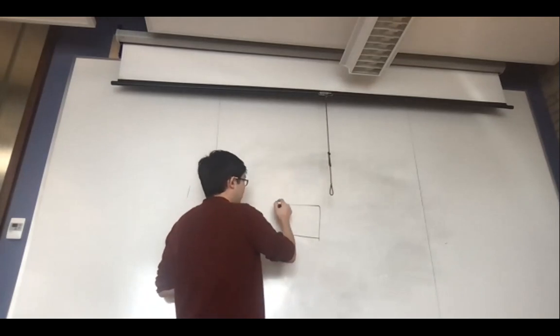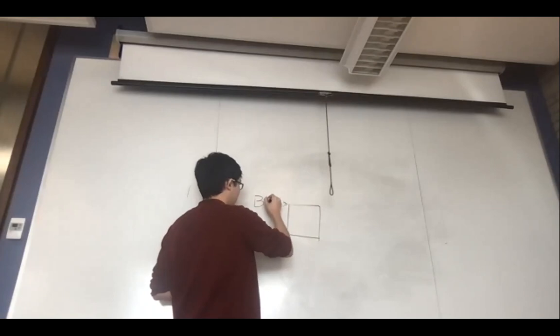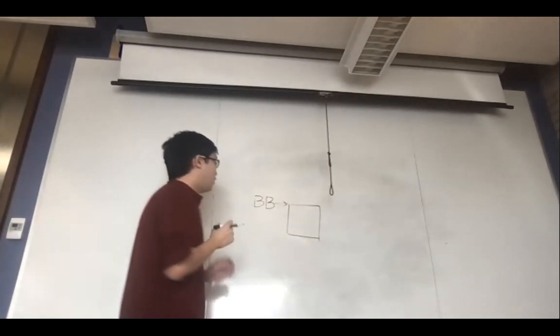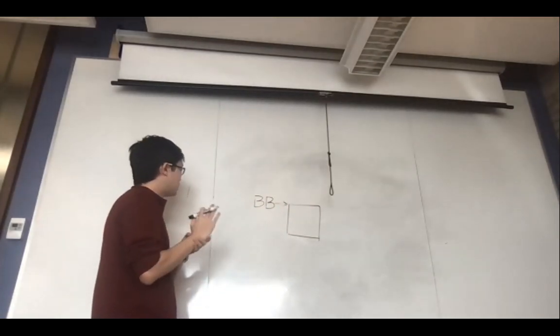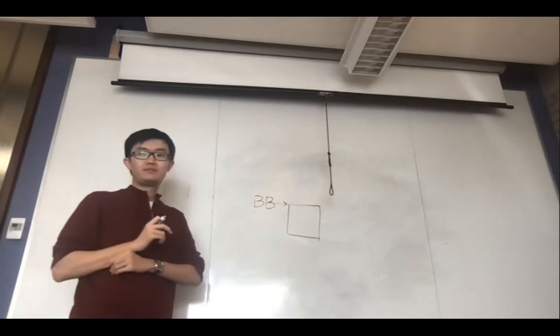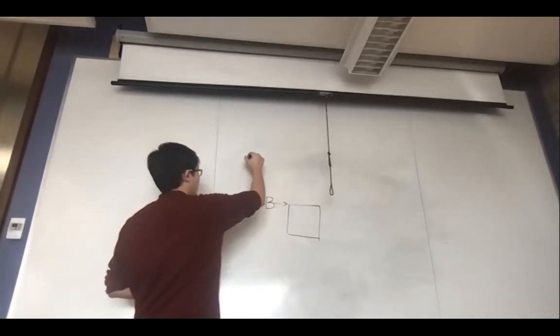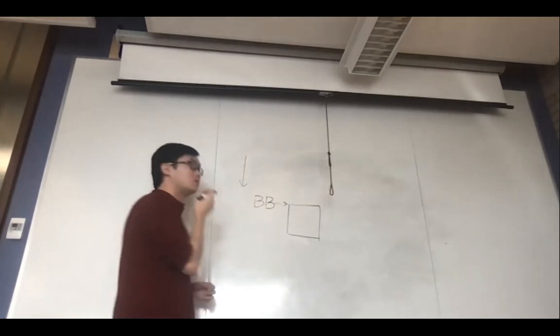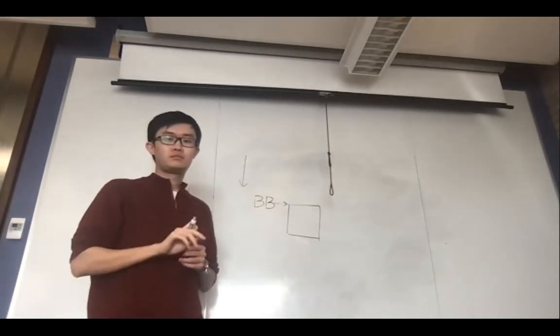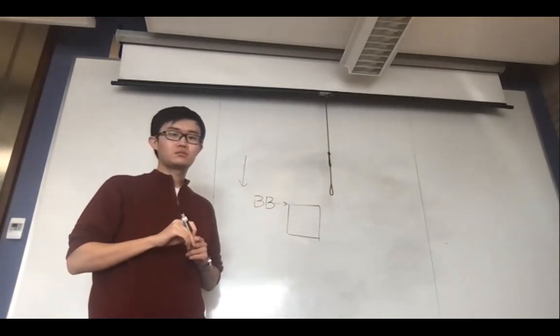Suppose that we have this basic block BB. How are we going to get the meet operands of it? What is the meet operands in the case of forward analysis? Anyone?